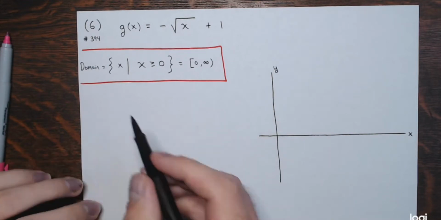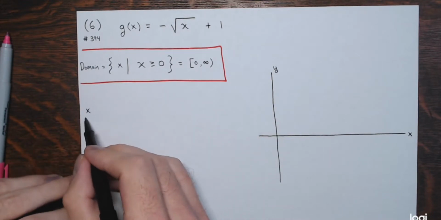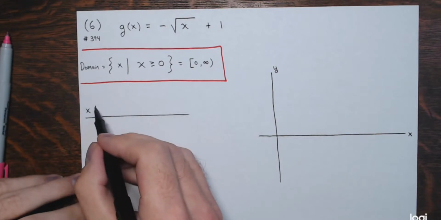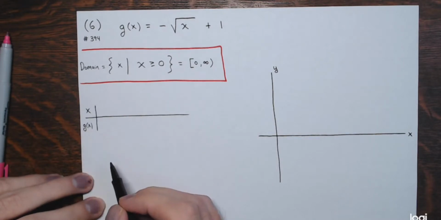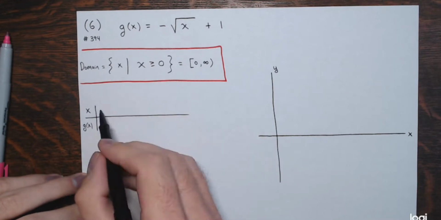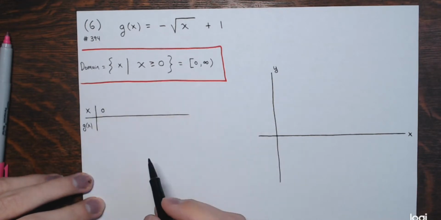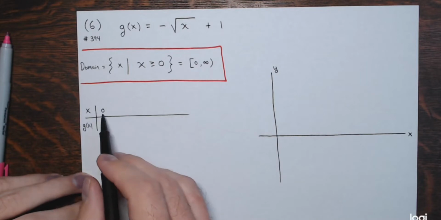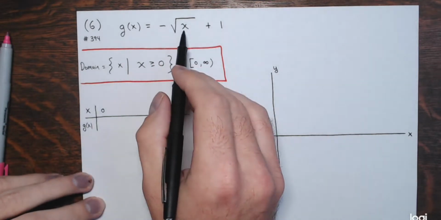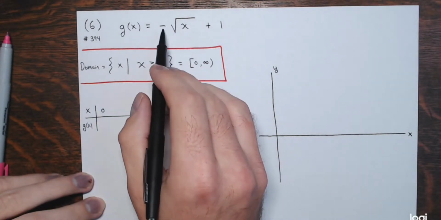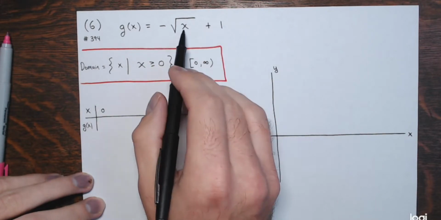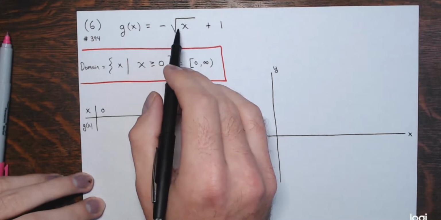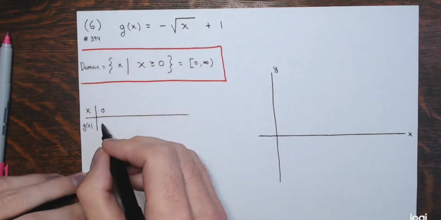All right, so when I make my table, x and g of x, or x and y, starting at 0 for my input, right? And then I move to the right, 0 or greater. Now when I plug in 0, you get the square root of 0, which is 0. Then you got to multiply by negative 1, and then add 1. So 0 times negative 1 is still 0, plus 1 would be 1.